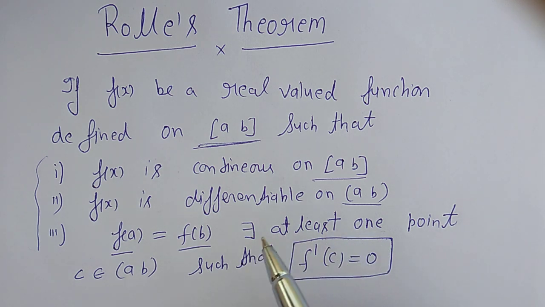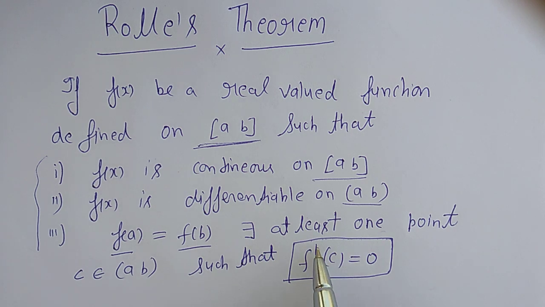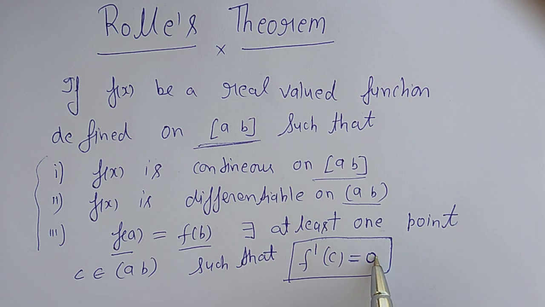We can have more than one point. At least one point c belongs to open interval a b such that f dash c equal to 0. f dash c equal to 0 means at the point c, tangent is parallel to x-axis, slope will be 0.